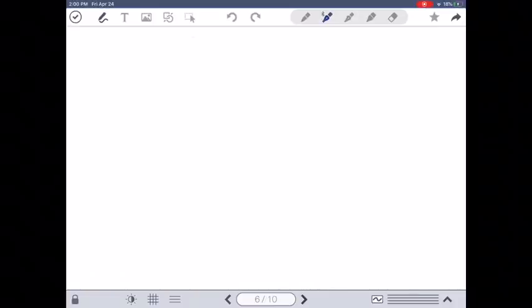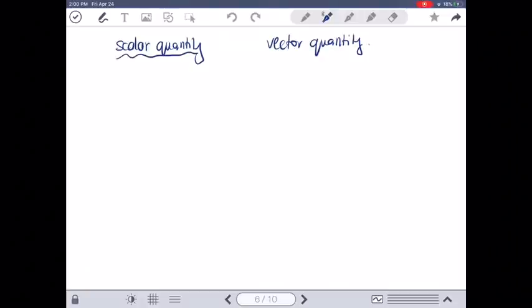I'm sure that you have learned this in physics and probably in maths as well. We have scalar quantity and also vector quantity. An example of scalar quantity is speed.